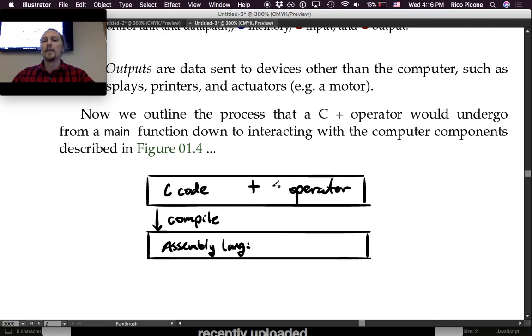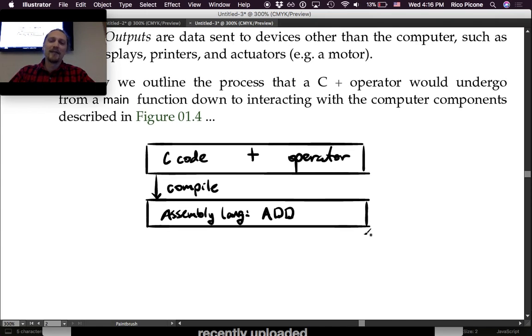And the plus, so I looked up the instruction set for our Cortex A9 processors, which we have on board the MyRios. So in that instruction set, they have the add instruction, which a lot of times it's called add because it makes sense. So after we compile, it would be add.